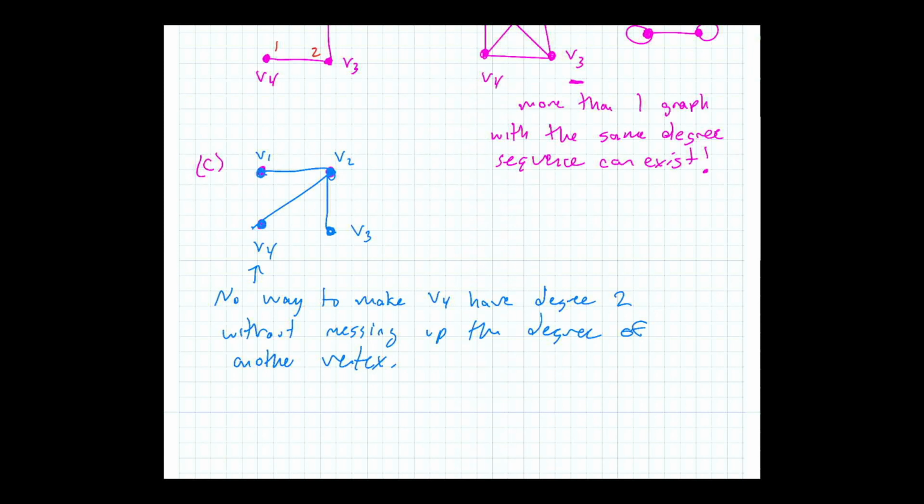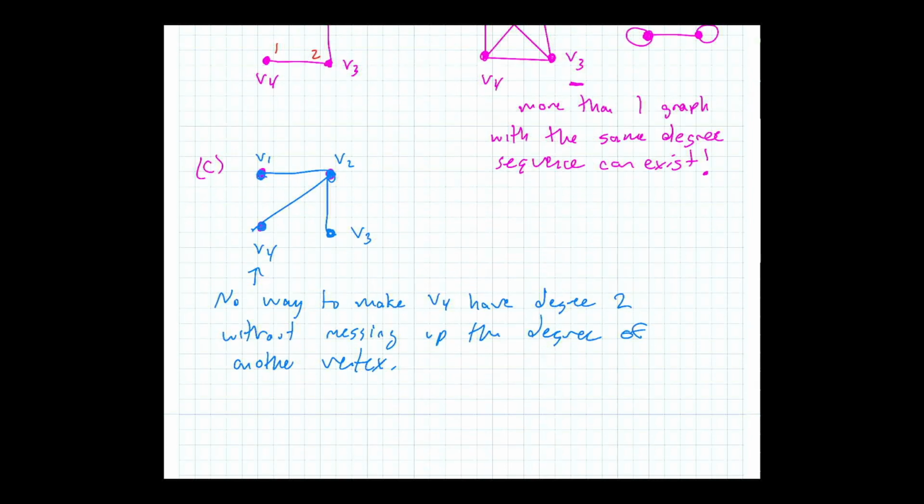So it's just impossible, right? Like I can't add an edge like that because now V3 has degree 2 and it's supposed to have degree 1. I can't draw a loop because now V4 has degree 3, because the loop counts double and it's supposed to have degree 2. And so it's just impossible to do. That's all that it comes down to.